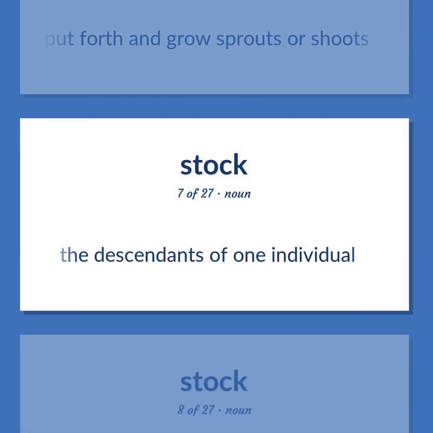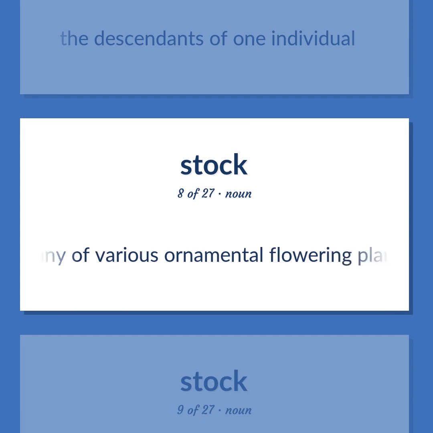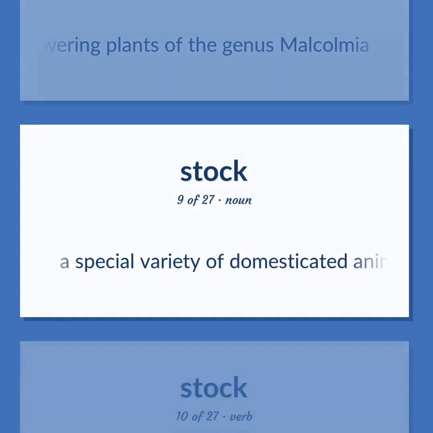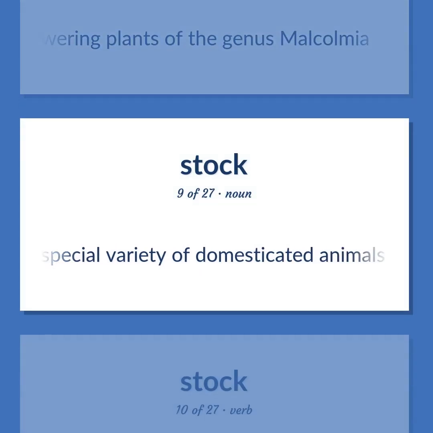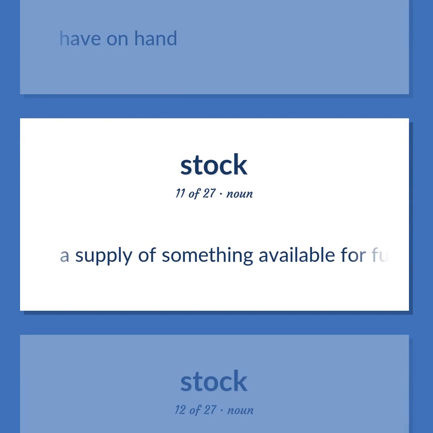The descendants of one individual. Any of various ornamental flowering plants of the genus Malcolmia. A special variety of domesticated animals within a species. Have on hand. A supply of something available for future use.